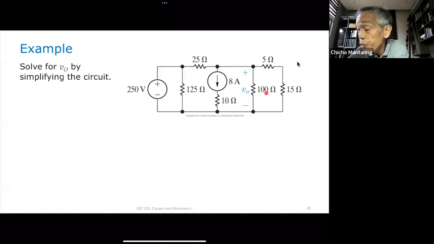We're solving for V sub O, and therefore, when you see something like this, 125 in parallel with 250, then you know that to solve for V sub O, this will have no effect. And then you have this 8 amperes in parallel with 10; to solve for V sub O, this 10 will have no effect. So you can simplify the solution to your circuit.